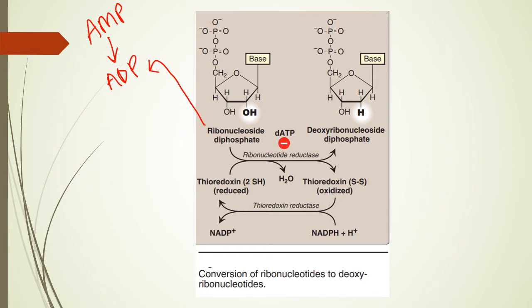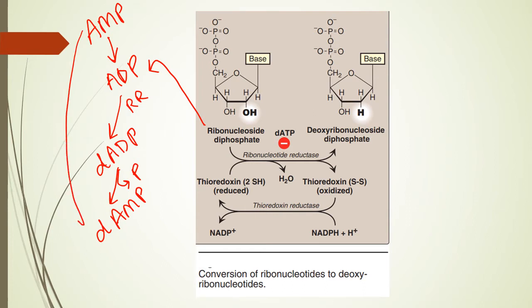Now this ADP will be converted into dADP with the help of ribonucleotide reductase enzyme, and then this dADP will remove its phosphate group and then you can convert it into dAMP. So this is the whole series of reactions which is followed for making AMP into dAMP. So the requirement for ribonucleotide reductase is that ribonucleotides must always be present in their diphosphate forms.